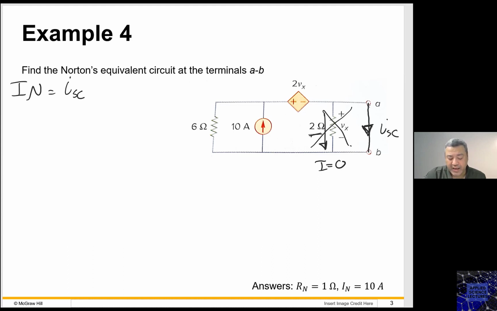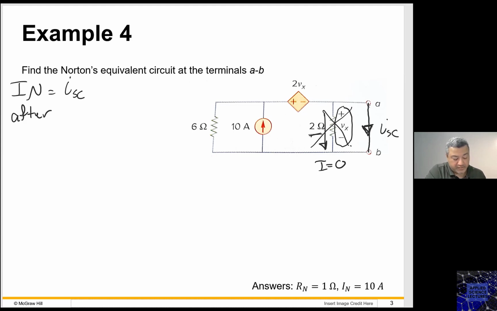Now remember, if I have a zero current, this is going to have a consequence on my other dependent source. Why? If I have zero current going into the 2 ohm resistor, what's going to happen to this Vx? Excellent.